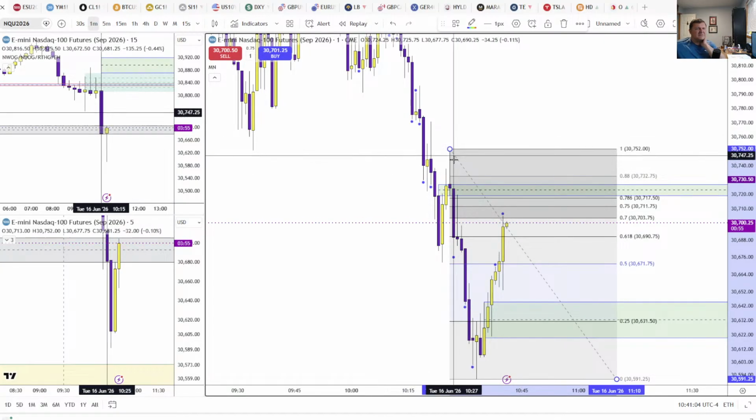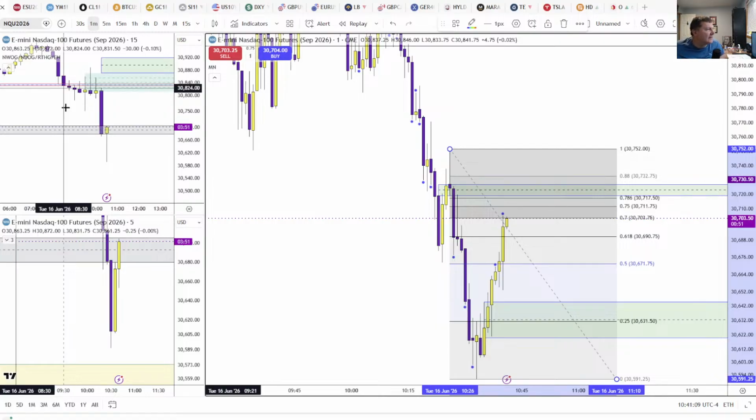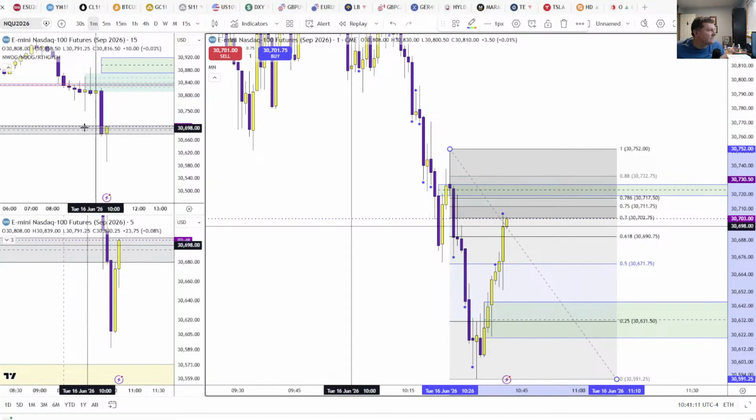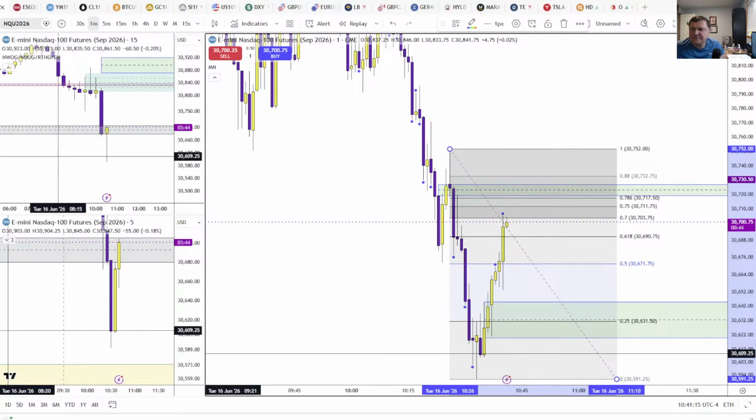Keep pushing. I want to see this breakthrough here. Start heading up higher. I want to see that reach for that hourly 754 level.